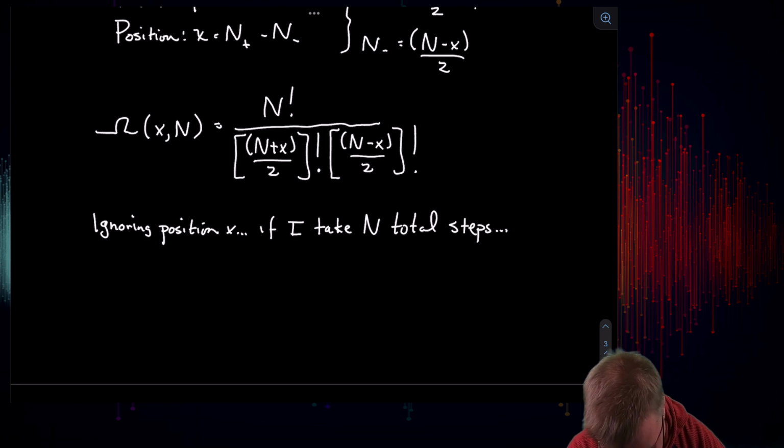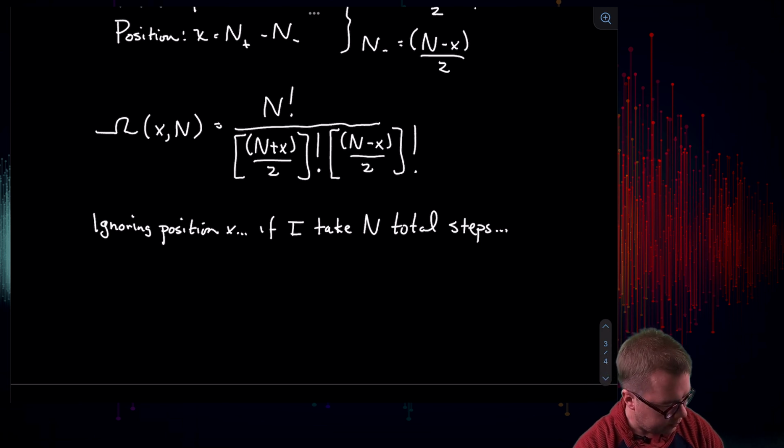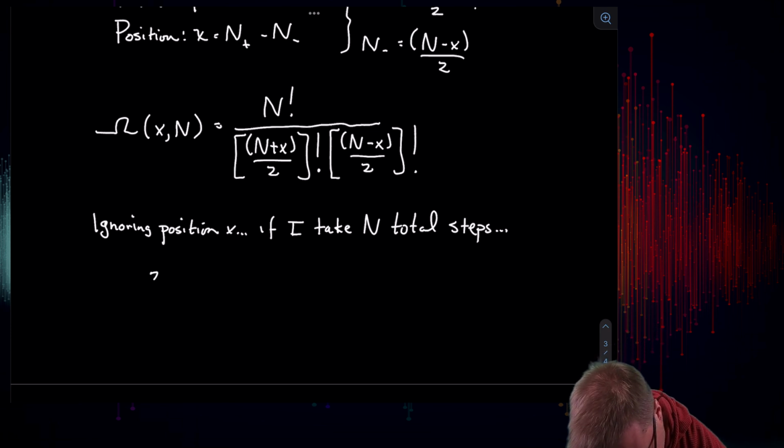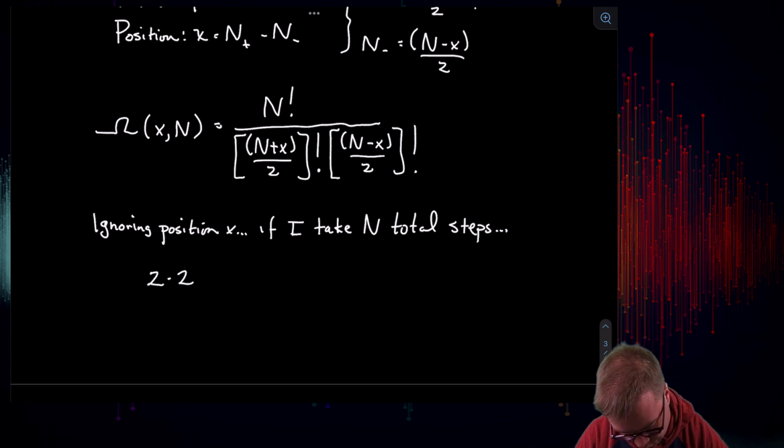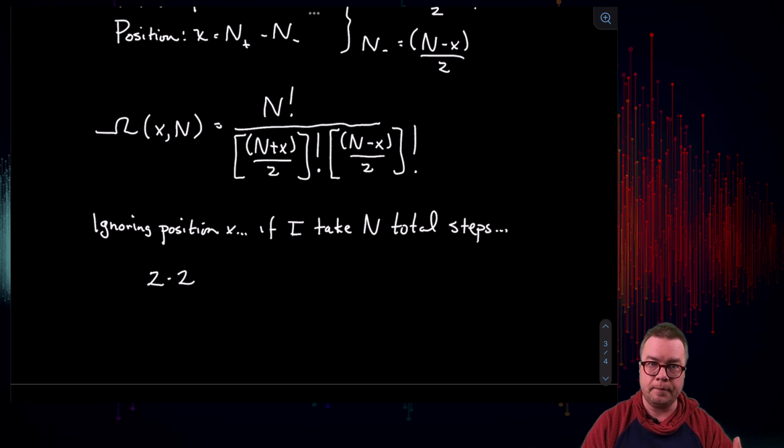Well, what do I say? If you want to think about it, when you take your first step, you've got two ways to do it, right? You can move up or down. And then once you've done that, for your next step, you've got two ways to take that step, up or down.